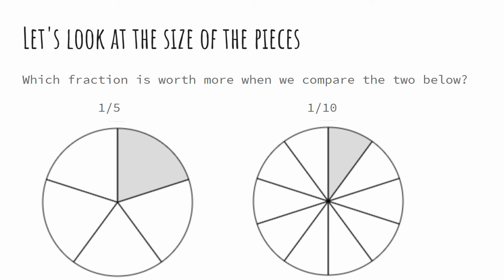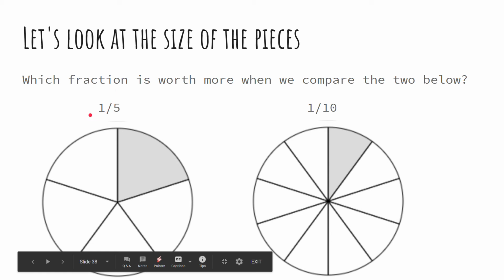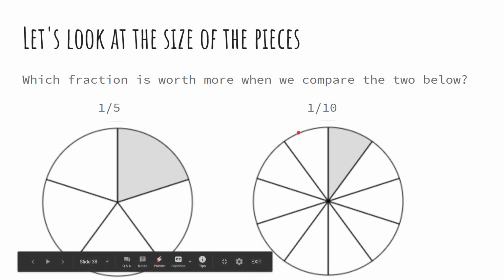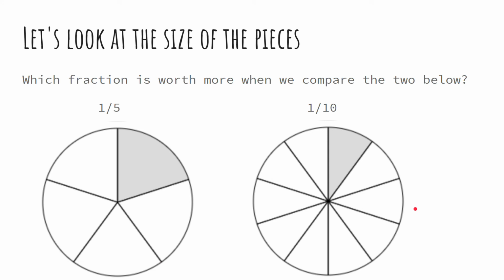So let's look at the sizes of the pieces. So which fraction is worth more when we compare the two below? So here I've shaded one piece in this pizza cut up into 5 pieces, and here I've shaded one piece in a pizza cut up in 10 pieces.